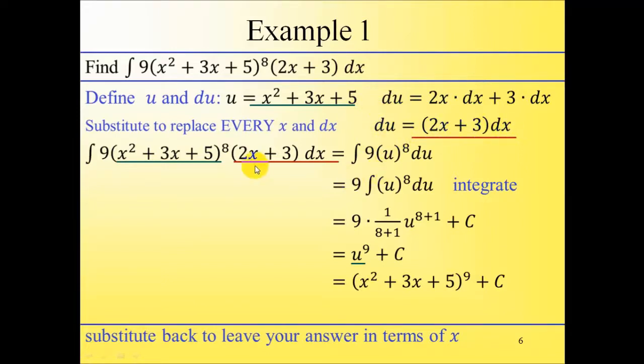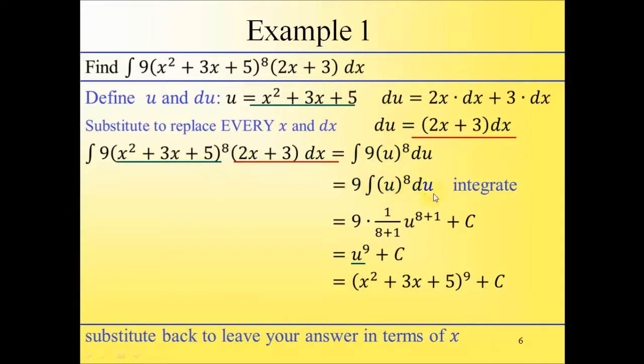And then you substitute into this integral. X squared plus 3x plus 5 to the power of 8 is u to the power of 8, and 2x plus 3 dx is equal to du. The 9 we can move in front of the integral, and then integrate.